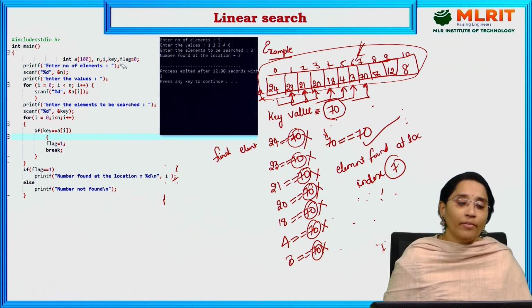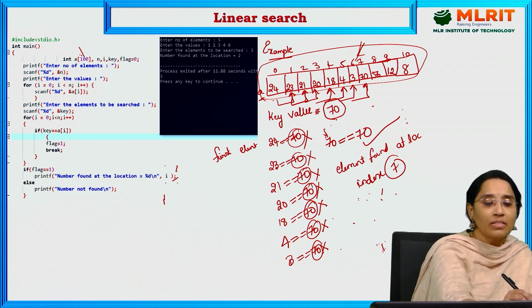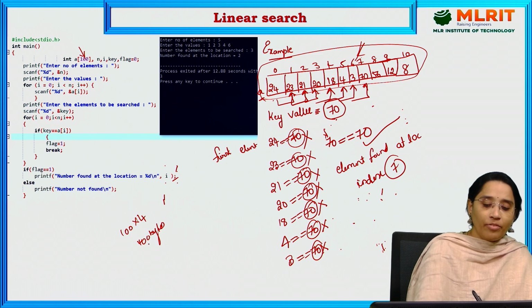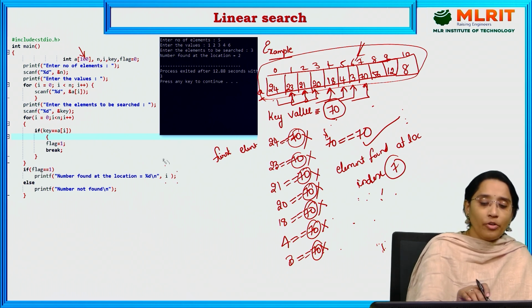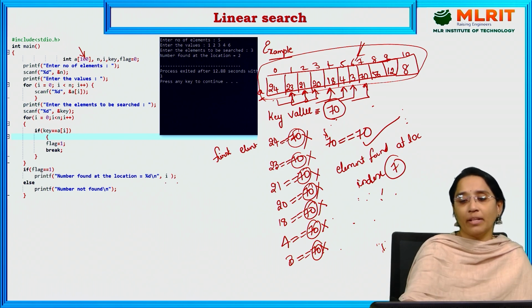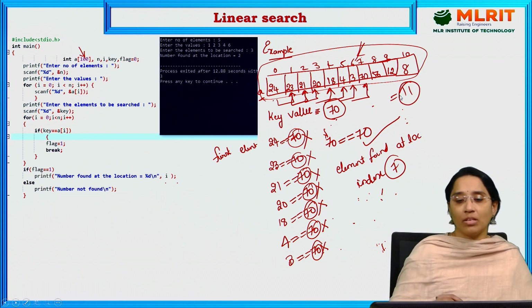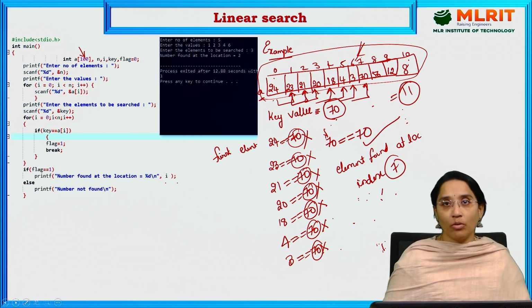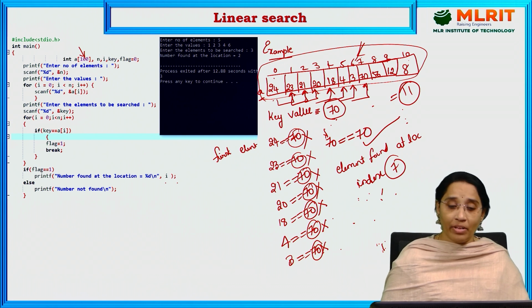Even though you declared 100, meaning 100 into 4, 400 bytes of memory is allocated for this array, we are not using that number of elements. Here, see 0 to 10. The array index starts from 0 and ends at 10, so the total number of elements in the array is only 11 in this case.